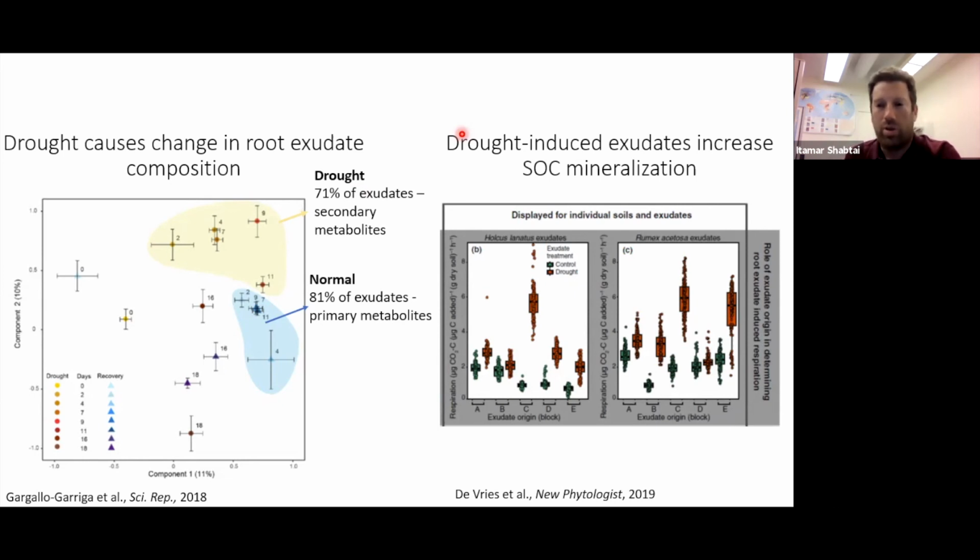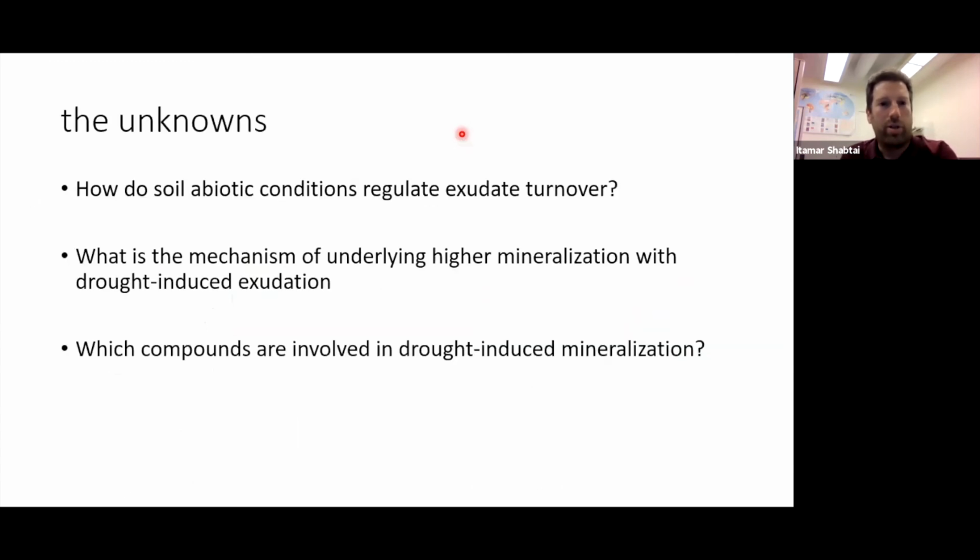There are many unknowns across this interface of plant roots, soil, and carbon. So, for example, while in the previous project we showed how soil abiotic conditions can regulate litter turnover, this information is largely missing if we're talking about turnover and cycling of root exudates.